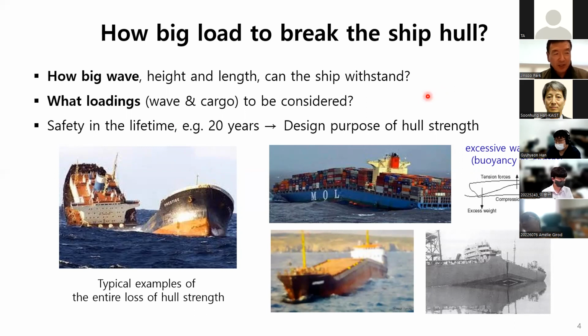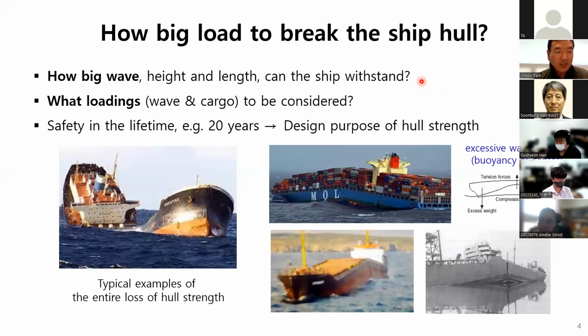When we are designing ships, ocean wave is the main external loading. So we usually think about how big a wave the ship can withstand. Wave height and length that ships encounter during the voyage are very important and critical to the hull strength.